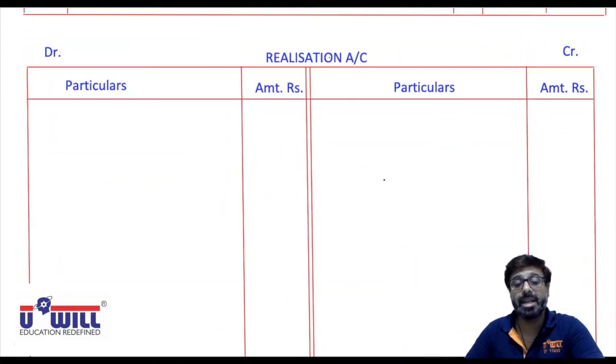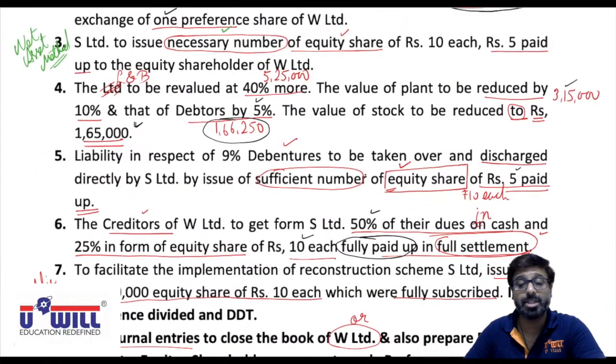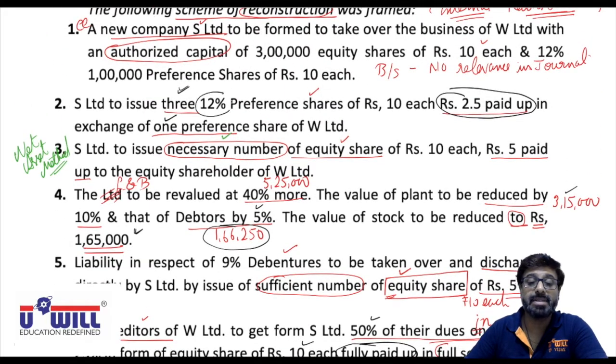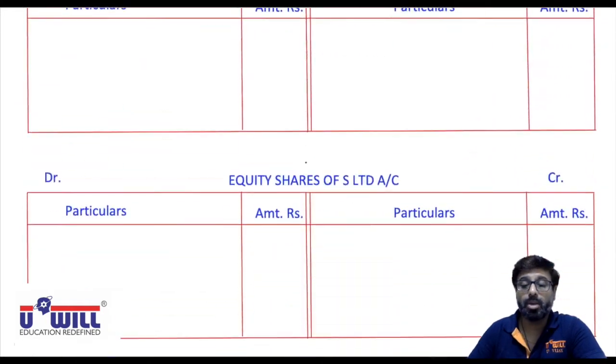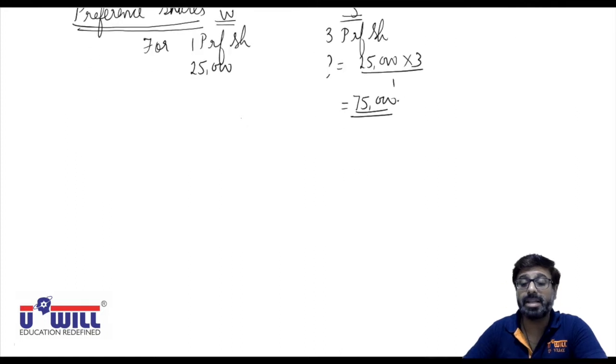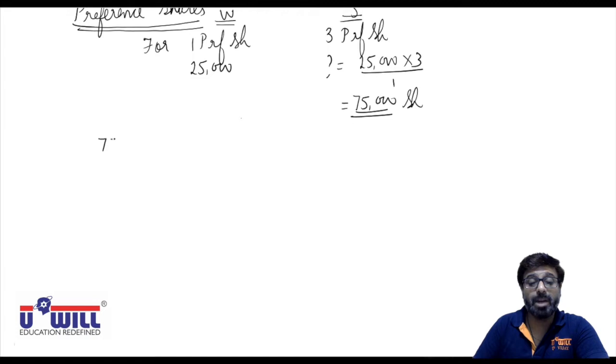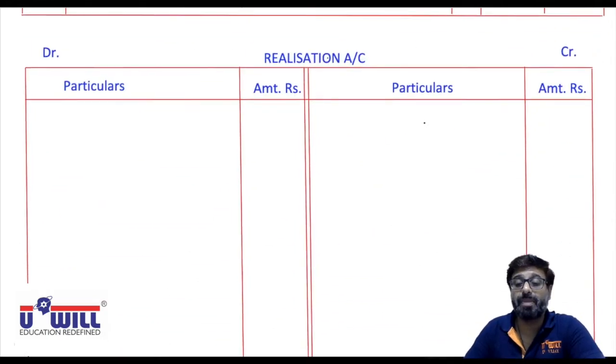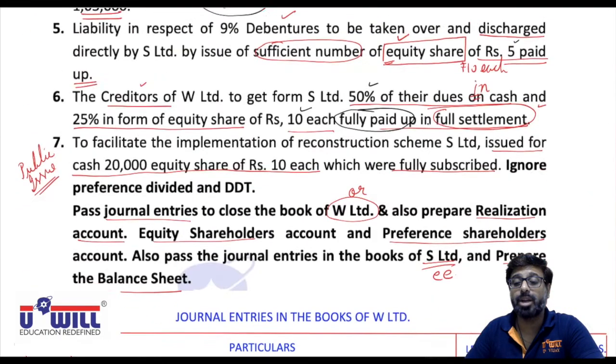In the new company, what percentage of preference shares will they get? They are going to get 12%. Though in the old company they are 9%, in the new company they'll get 12%. So 75,000 12% preference shares of rupees 10 each, but they are going to be issued at 2.5 paid up. Look at the adjustment again, you will all find it.